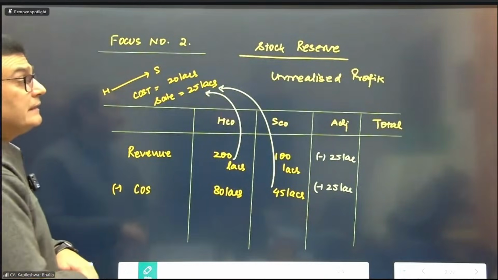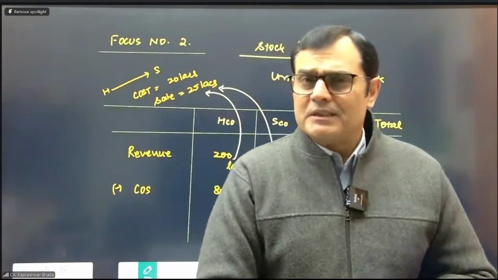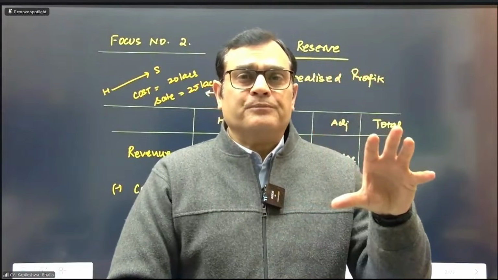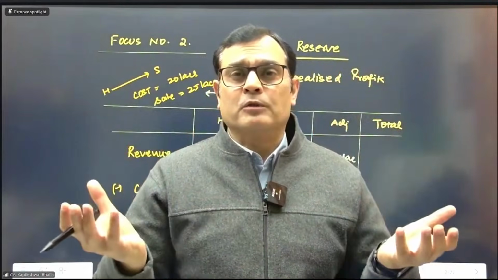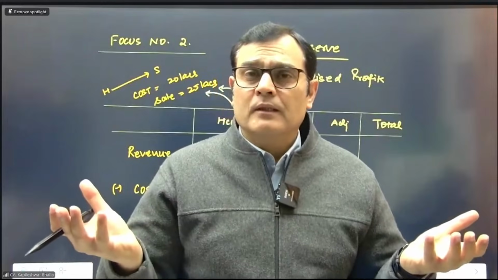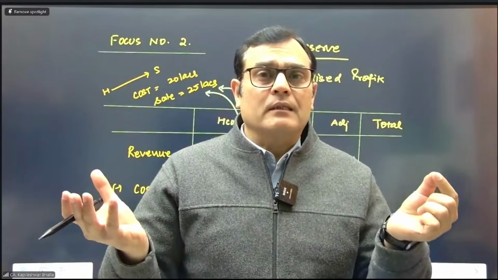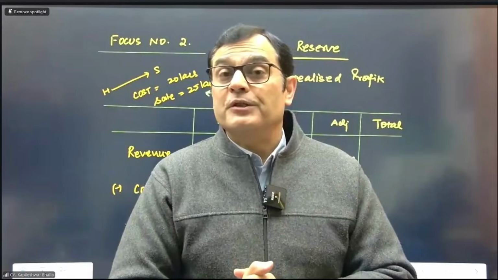This is eliminating the intercompany sale and purchase. But just imagine, if you eliminate 25 lakhs from the revenue and 25 lakhs from the cost, what is the impact on the profit? Nothing. You're eliminating mathematically a common figure from the sale and a common figure from the cost of sale. The impact on the profit is zero.